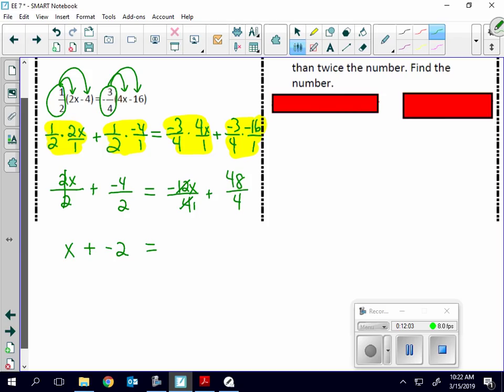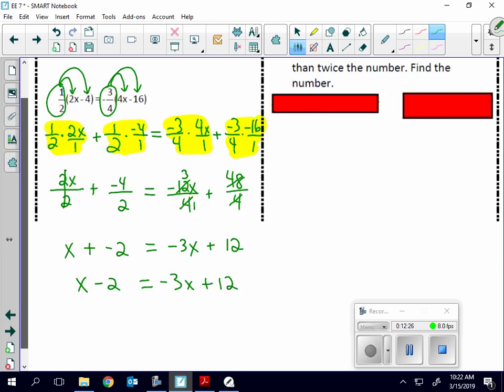That leaves me with just a 1 here and a 3 here, which is a negative 3x over 1, or just negative 3x. And this one, 48 divided by 4, is 12. So one more time, we have x minus 2, because plus a negative 2 is just minus, equals negative 3x plus 12.